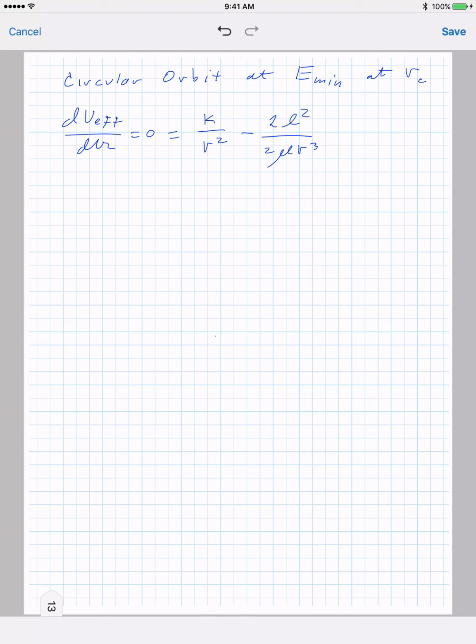And one thing it allows us to do is to actually get an expression for k. Actually, well, we have the expression for k. That comes from the force. But we get that this is equal to L squared over mu r, actually R sub c. And so then let's solve for that. And so R sub c is equal to L squared over mu k.